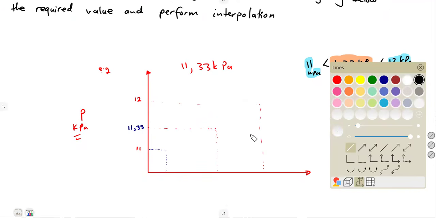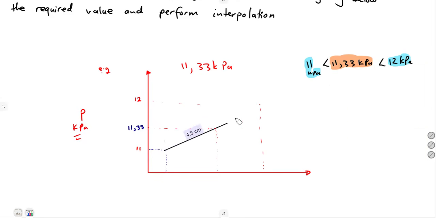If you join these points, from this starting point you have this horizontal line and this vertical line at the end. Join those like that, and in between, the pressures 11 and 11,33, you also join that part like this. So we have formed a triangle.